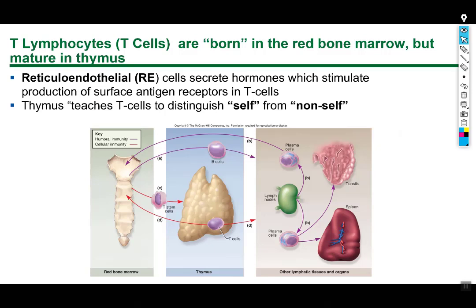So, the reason for this maturation is partially due to hormone secretions by reticuloendothelial cells in the thymus, which basically stimulate the T cells to produce surface antigen receptors. So these particular hormones have names like thymosin, for example.